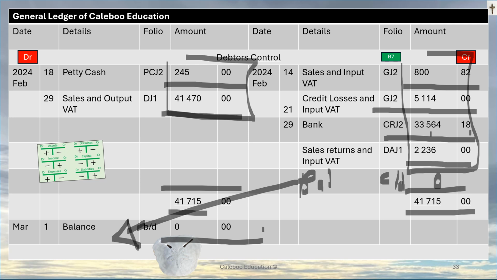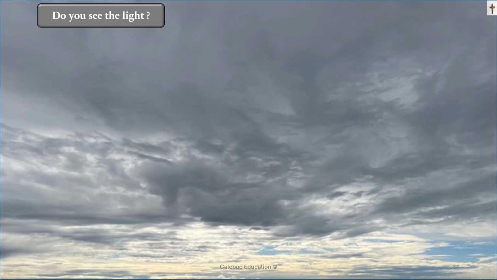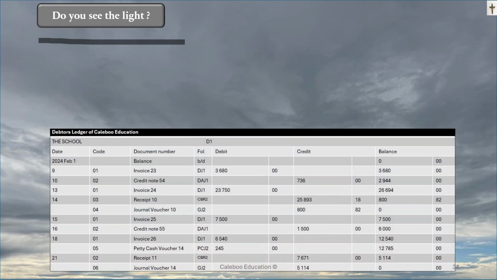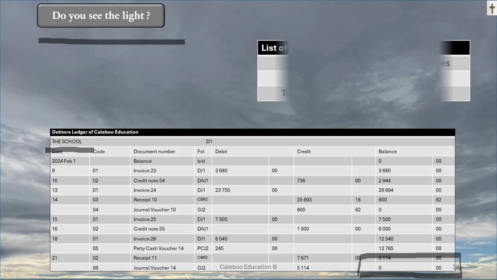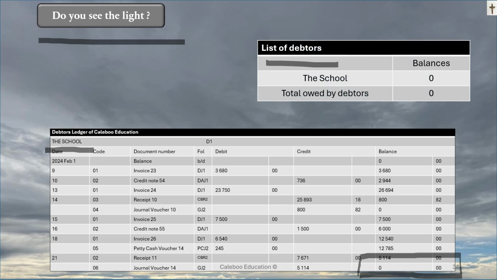Now that's quite interesting, and it's actually very good because the balance of the control account is 0, and I'm sure you are starting to see the light. Look there, the balance in the debtors ledger of the school account is 0. And if we make a list of all our debtors, there was only one debtor, the school.